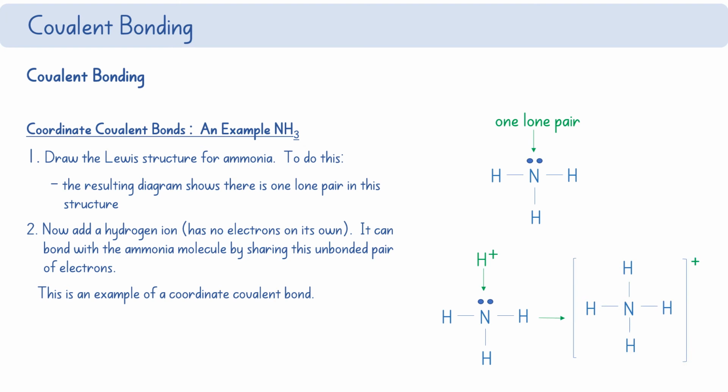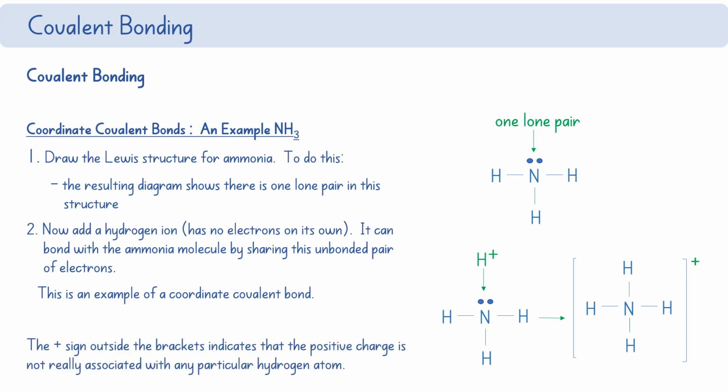What we have then is 4 hydrogen and 1 nitrogen, and we're left with a plus charge, which means that this would be an ion. The plus sign outside the bracket indicates that the positive charge is not really associated with any particular hydrogen atom.